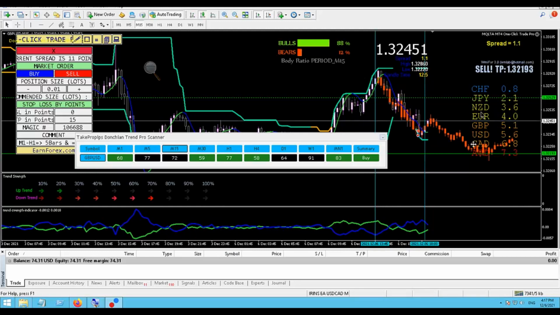You can get all this for free, and I will let you know where to get them from. But for the time being, I'm just introducing you to the chart and what I'm actually going to trade, which is the British pound and the US dollar, on the M15 time frame.